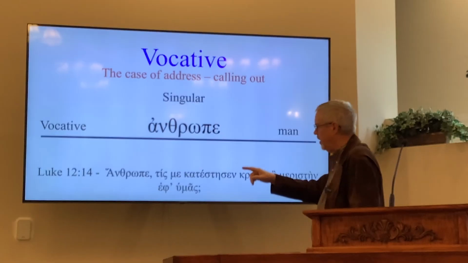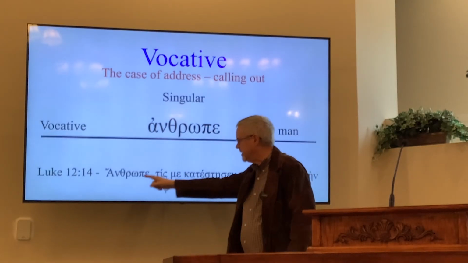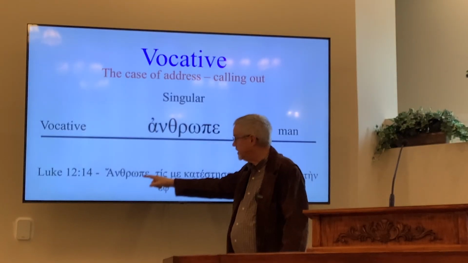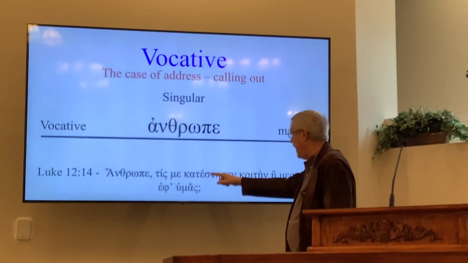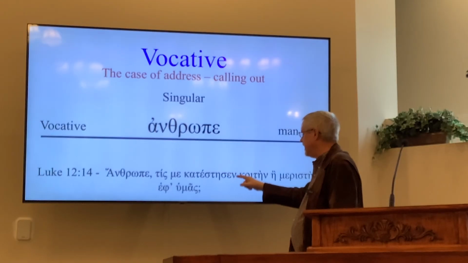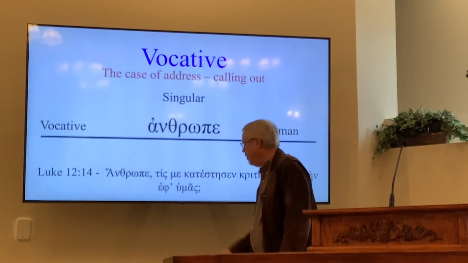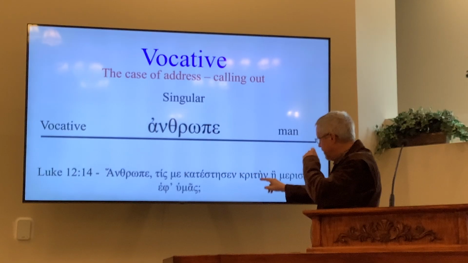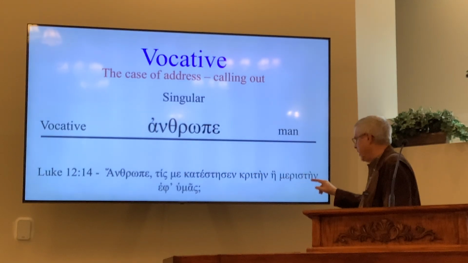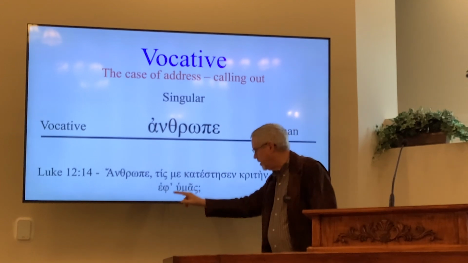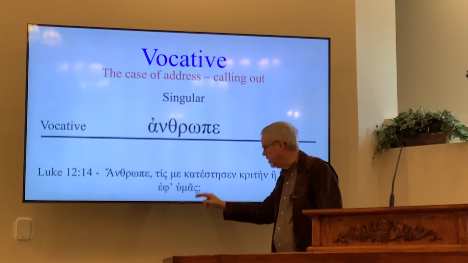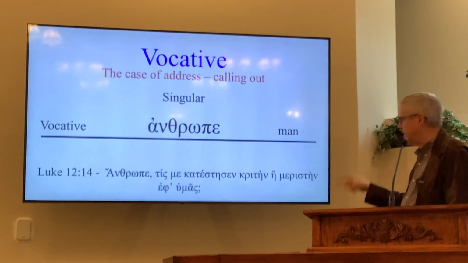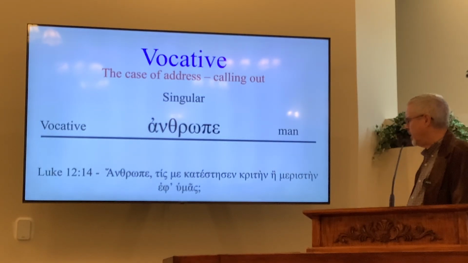And here in Luke 12:14, this is Jesus speaking directly to a man. He's not calling him by name. Anthrope, tis me katestesen. Okay, so who made me judge and arbiter over you, and that's plural. That would be him and his brother, but it is that plural with humas.